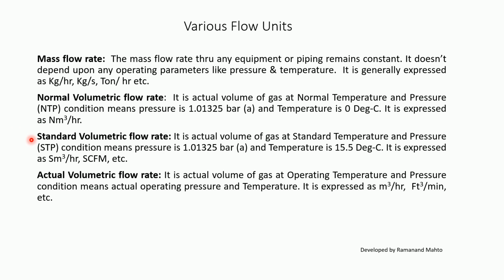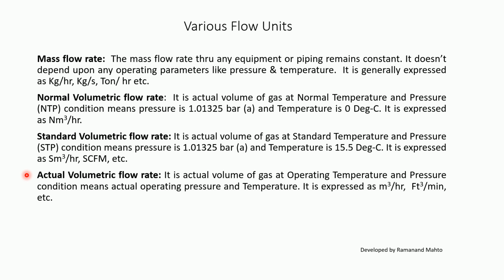Standard volumetric flow rate is the actual volume of gas at standard temperature and pressure, which is called STP condition, meaning pressure is 1.01325 bar absolute and temperature is 15.5 degrees Celsius. It is expressed as standard cubic meter per hour or SCFM, etc. Actual volumetric flow rate is the actual volume of gas at operating temperature and pressure. The condition means actual pressure and actual temperature.